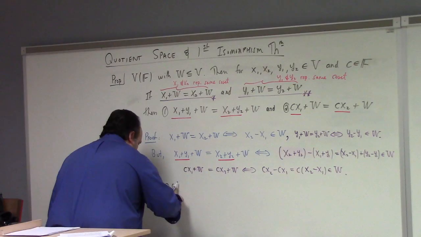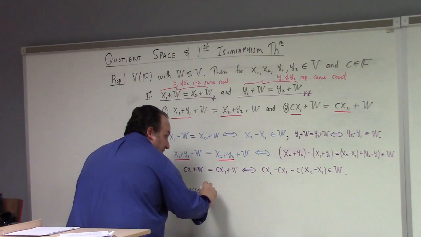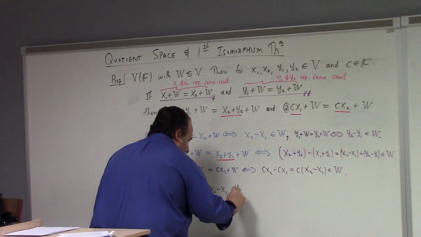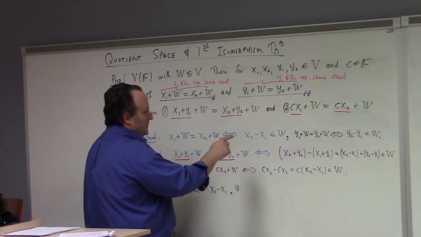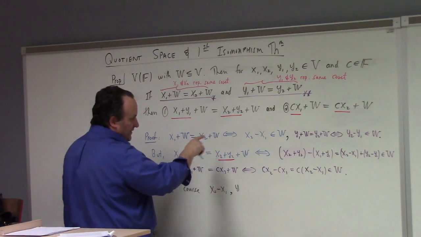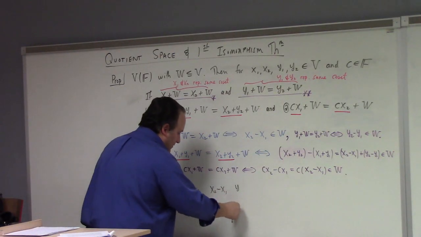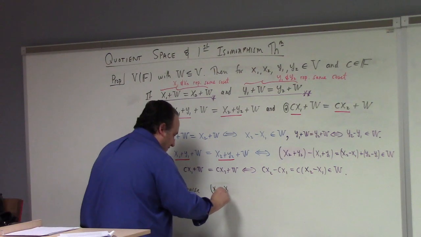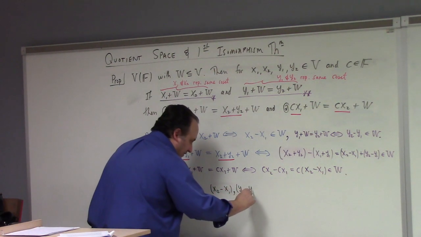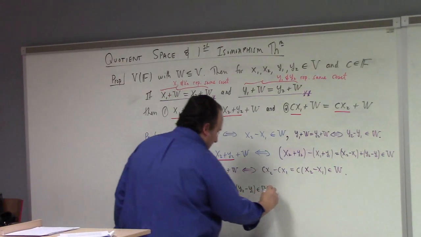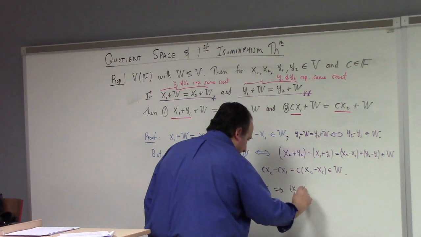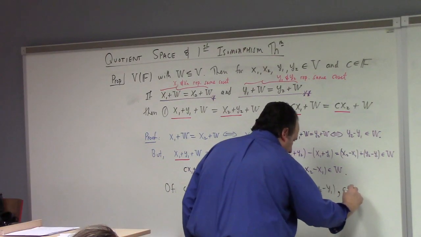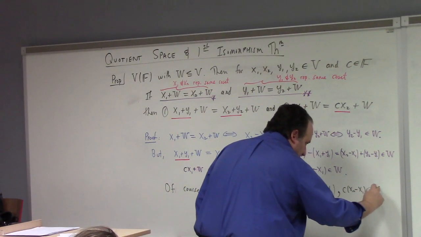We know that x2 minus x1 and y2 minus y1 are elements of W. Consequently, the sum and the scalar multiple are elements of W because W is a subspace of V, right?